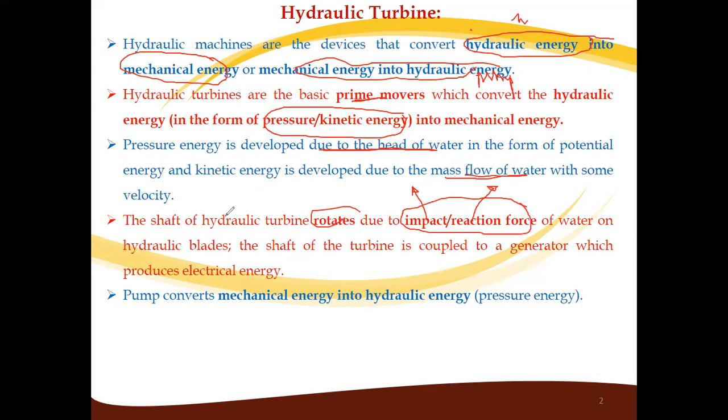Then this shaft of hydraulic turbine is coupled to the generator through which we can produce the electrical energy. So pumps convert mechanical energy into hydraulic energy, that is mainly pressure energy, and the turbine converts hydraulic energy, that is mainly pressure energy or kinetic energy, into mechanical energy. So this is about hydraulic turbine or hydraulic machine.